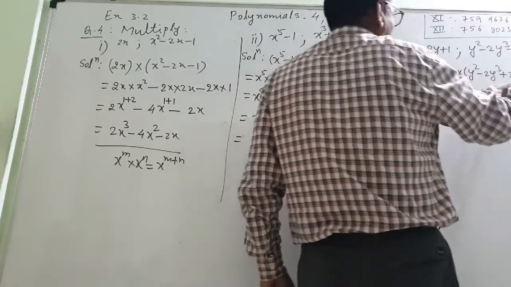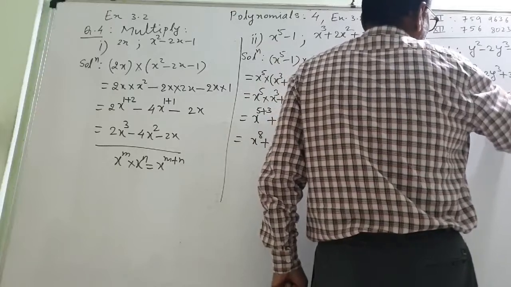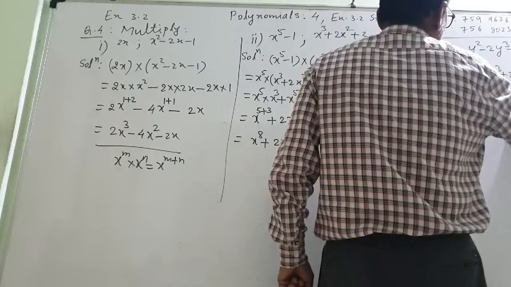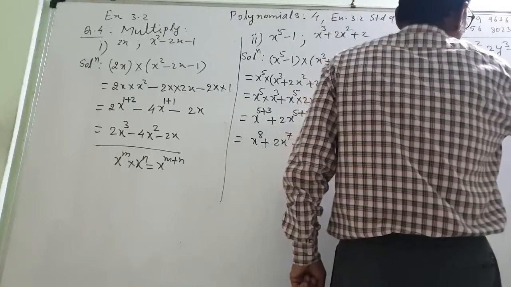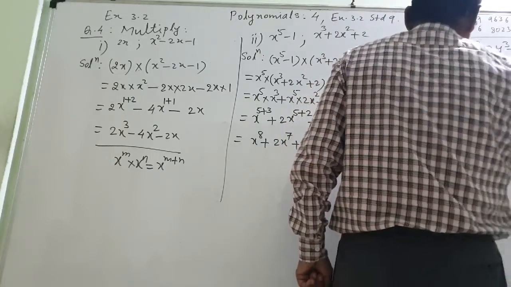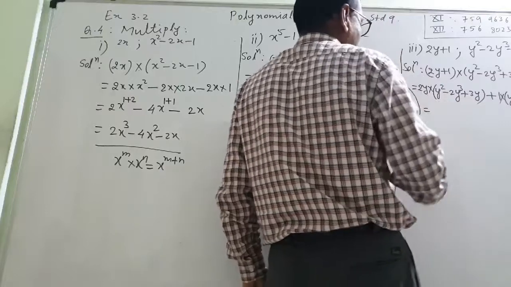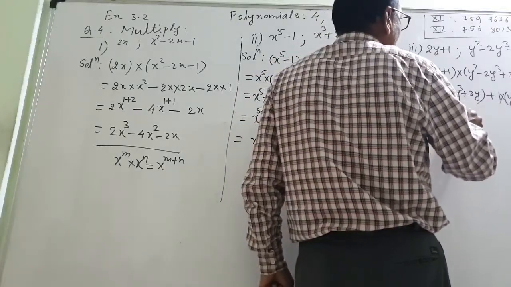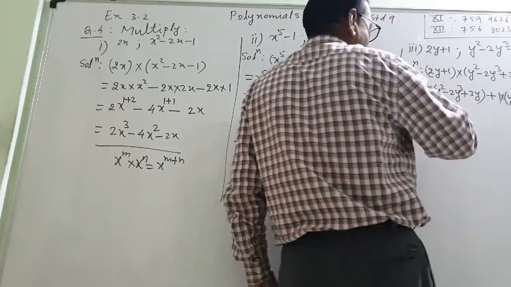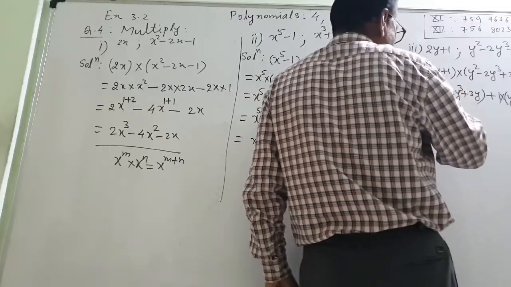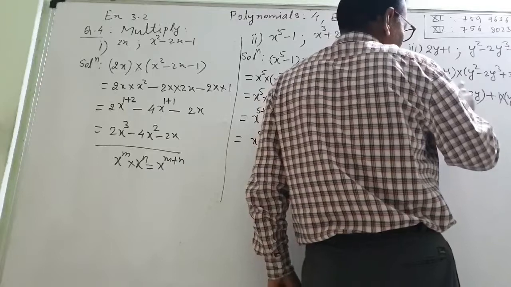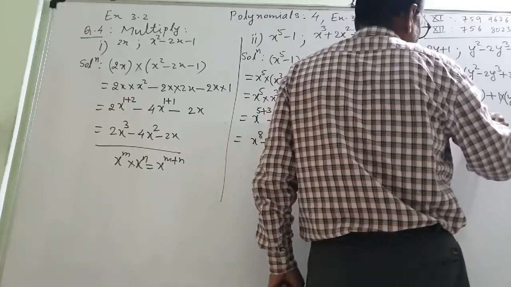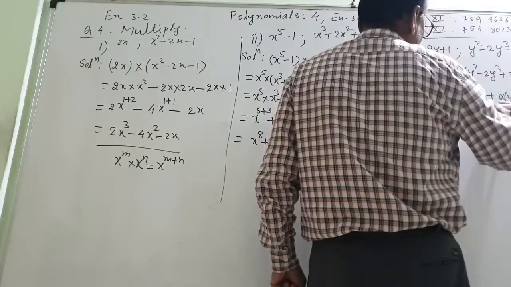By plus 1 now I will have to multiply by plus 1 into y raised to 2 minus 2y cube plus 3y. That is equal to, now this and this, 2y into y square, plus, this is plus 2y and this is minus, so it will become minus, so minus 2y into 2y cube.